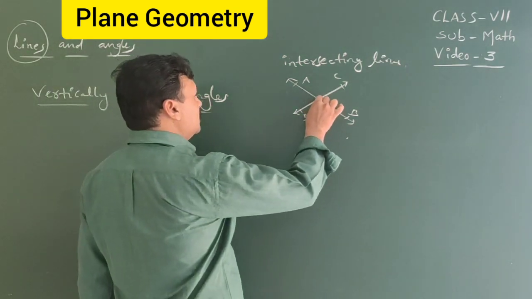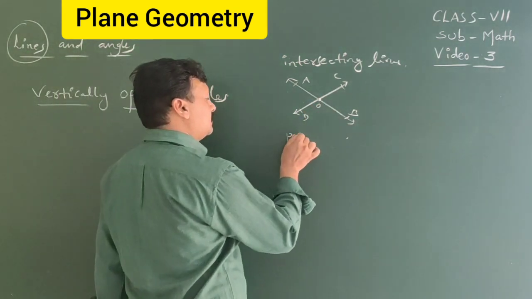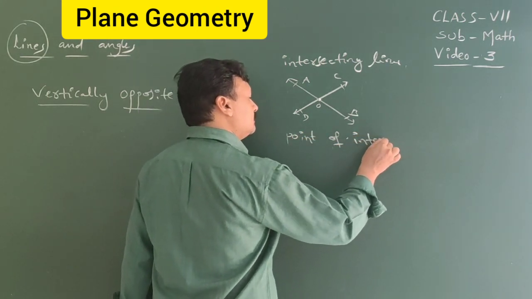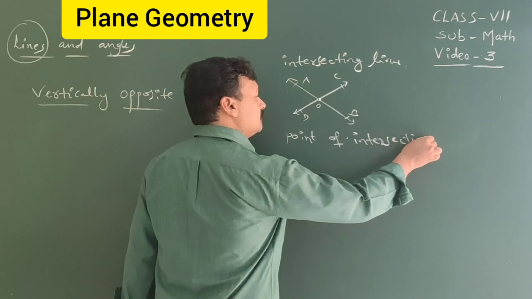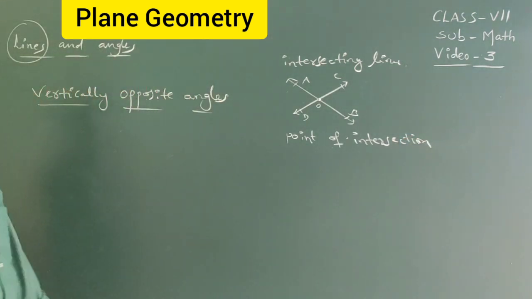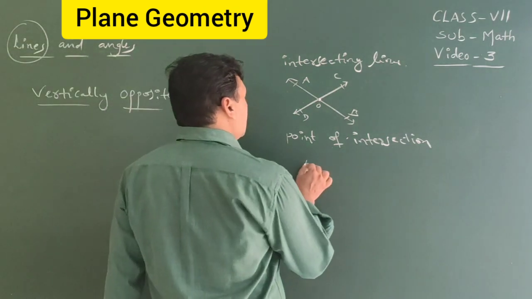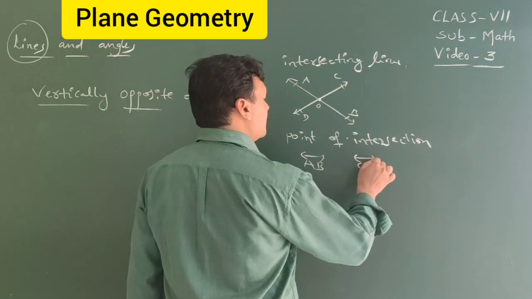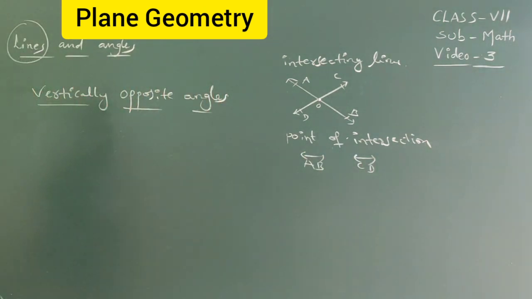Here, the vertex O is called the point of intersection. These AB and CD are called intersecting lines. Line AB and line CD are called intersecting lines. They intersect.